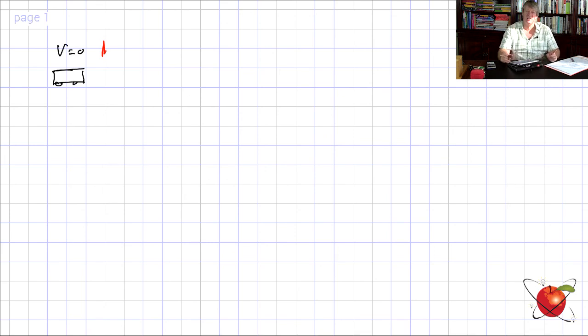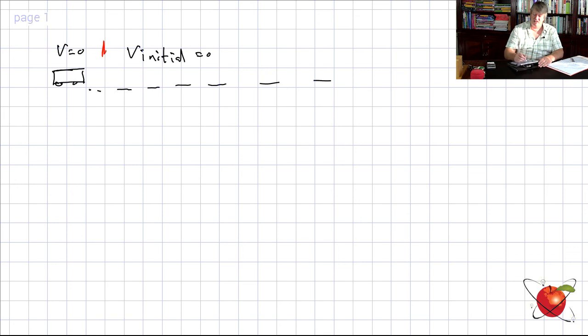But which V? Because now we've got defined V's. This is V_i, initial, equals 0, right? Then I take my truck to the next point.